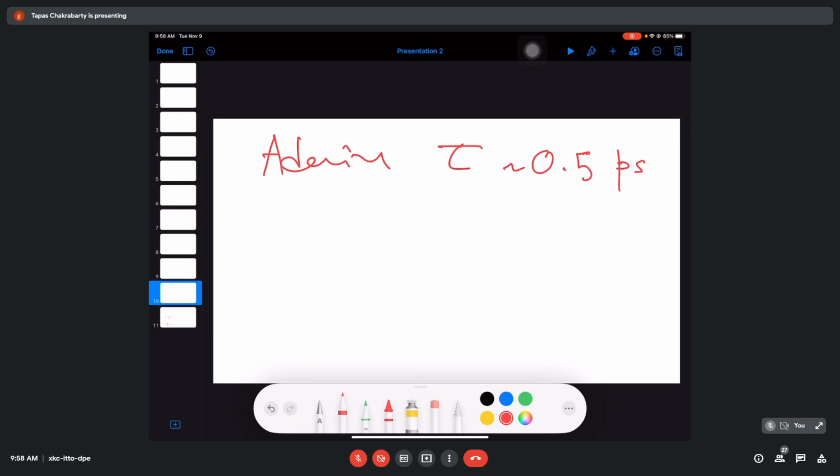But if you take a molecule like 2-amino purine, let me draw the structure of this molecule. You know the structure of adenine, which I just showed you. 2-amino purine is very similar to adenine.